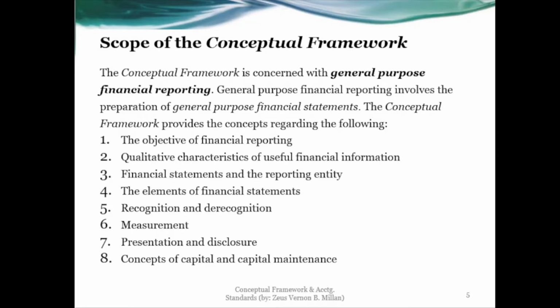Now, numbers 5, 6, and 7, you'll become more familiar with in your intermediate accounting, since in your IA, that is where specific standards are mentioned in connection to how you would recognize a specific asset, a specific liability, how you would do your measurements, either initial measurement or subsequent measurement, and what applicable disclosures and presentations you should do given the circumstances, and so on and so forth.